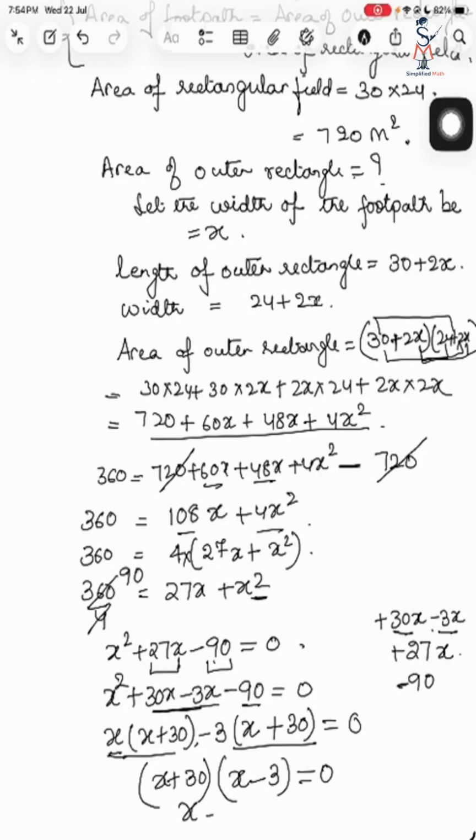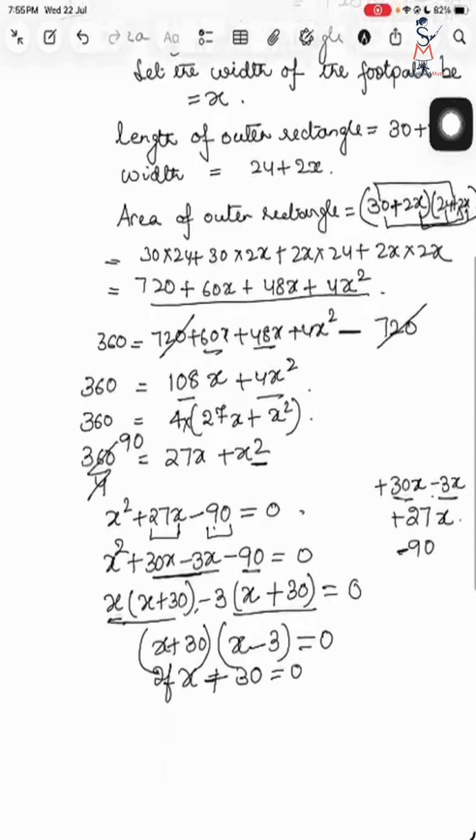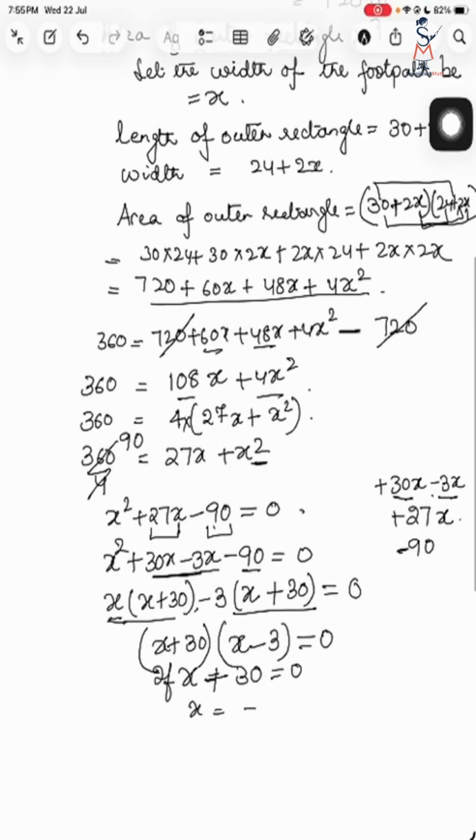So x plus 30 is 0, then x is minus 30. When you multiply two numbers, one number has to be 0, then only the product will become 0. So either x plus 30 is 0 or x minus 3 is 0. If x minus 3 is 0, then x is 3.